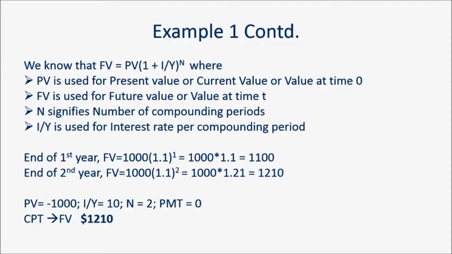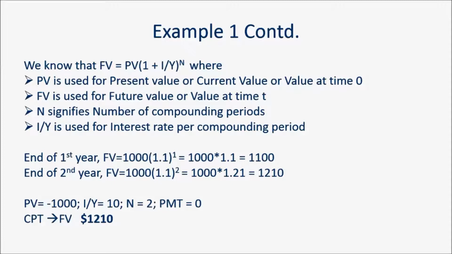I/Y as 10, which is the rate of interest per compounding period. You do not need to change it to decimal. N as 2, which is number of compounding periods. PMT as 0. PMT stands for regular payments, which is not present in this case. And then we'll press compute future value to get the answer as $1,210.